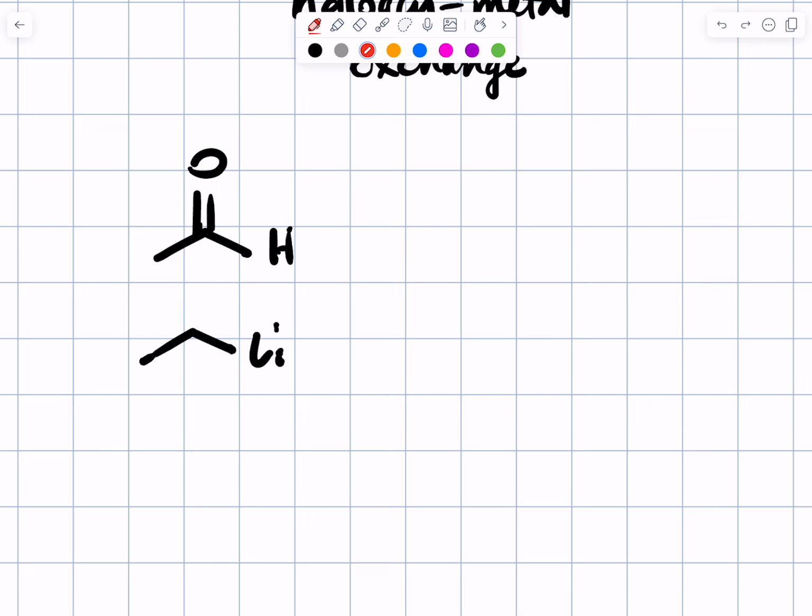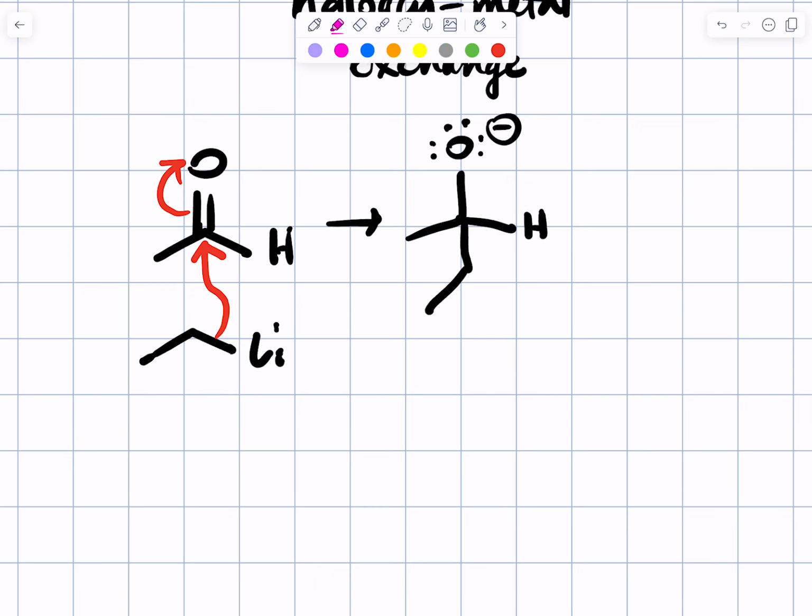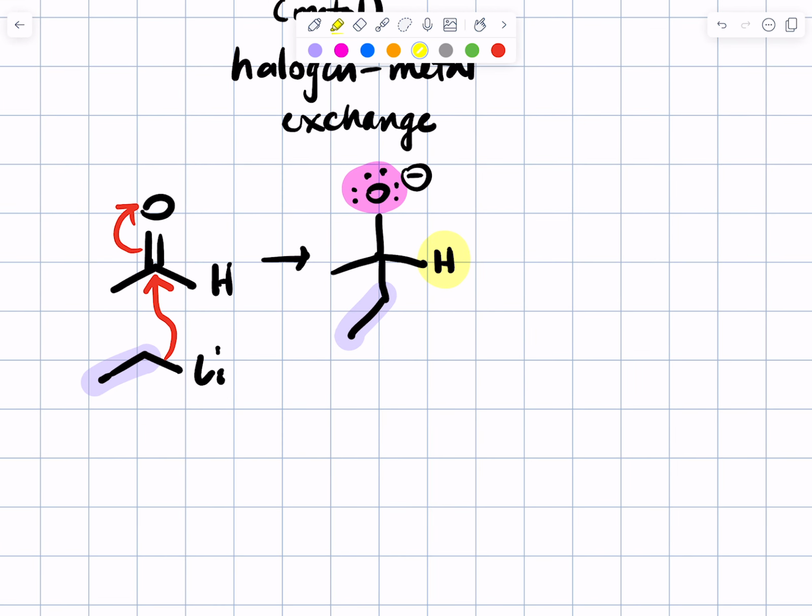The carbon-lithium bond breaks, and electrons in that bond attack the pi star, breaking the carbon-oxygen pi bond to get this tetrahedral intermediate with a negatively charged oxygen. Here is the group from the organolithium reagent that was added as a nucleophile. Here's the oxygen. Here is the hydrogen.